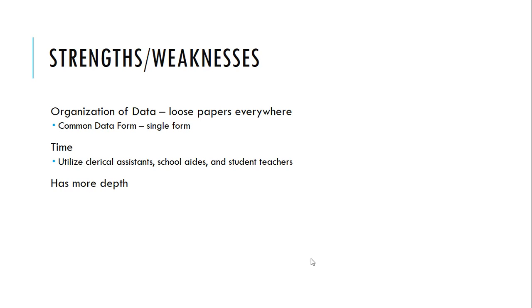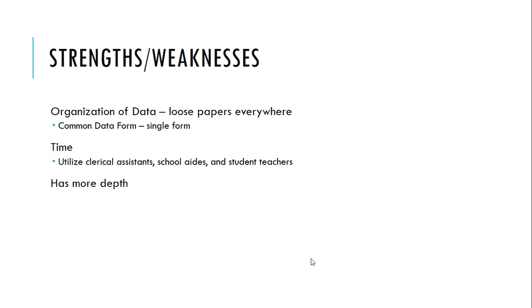But a way that maybe you would want to think about making it easier is utilizing people that could essentially help, like for example clerical assistants, school aides, student teachers, whatever it may be, where they're able to collect that data because it doesn't really involve you specifically doing something within the classroom. It's you just looking at previous information and they're just able to find it for you and be able to compile it in the way that it might need to be.